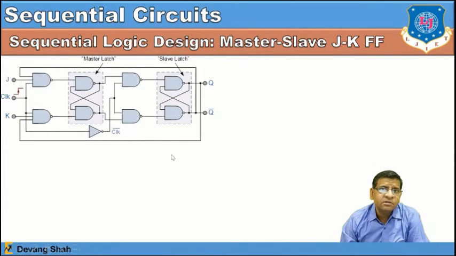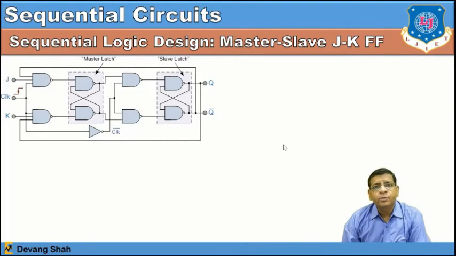Now this is very interesting, because it will take one more clock cycle to give the proper output. Why? Because in between we have two stages here. One stage we consider as the master, which can change the data, and the slave will be triggered at the negative edge of the clock signal.